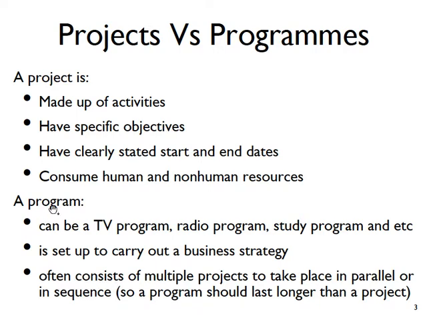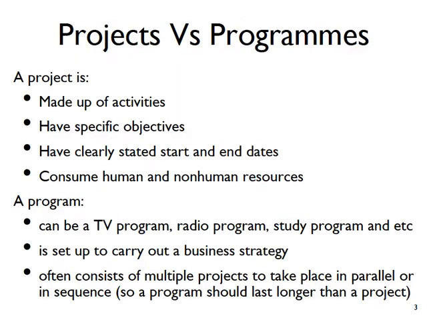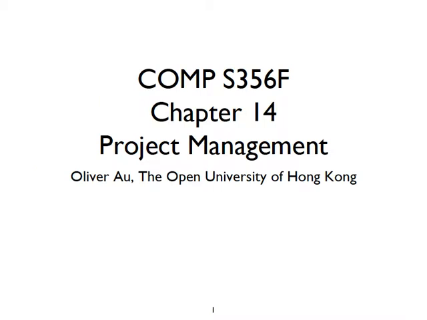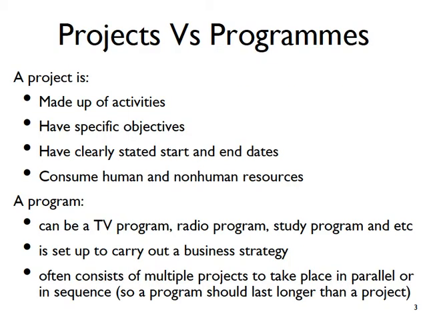And the relationship of a program and projects is that a program usually consists of multiple projects. If, for example, you have a program for a company where you want to improve the quality, then you may have several projects.